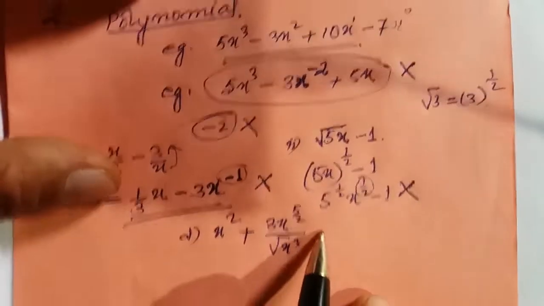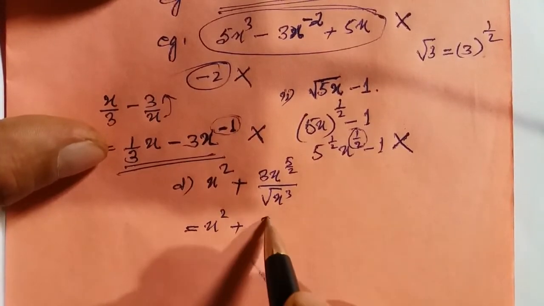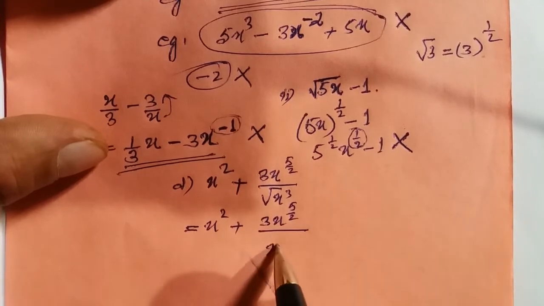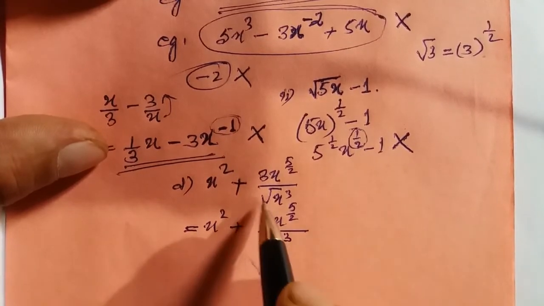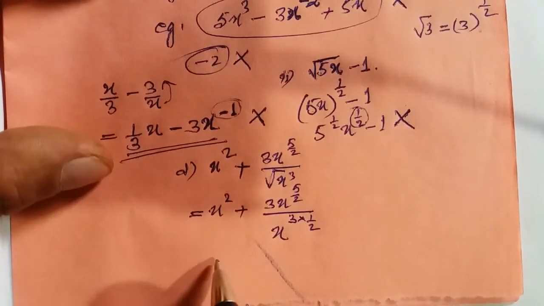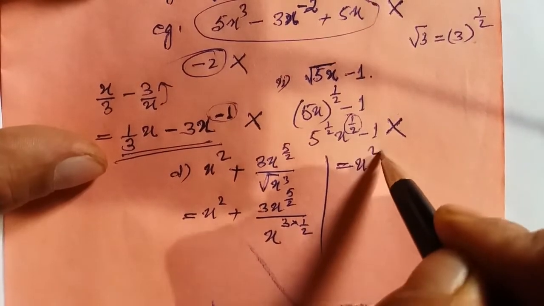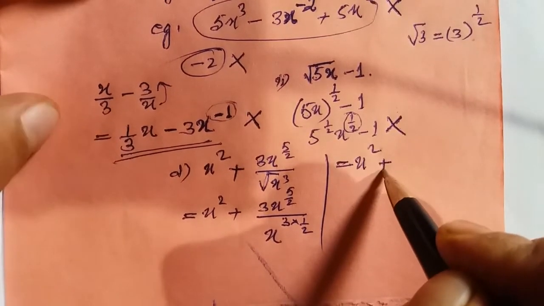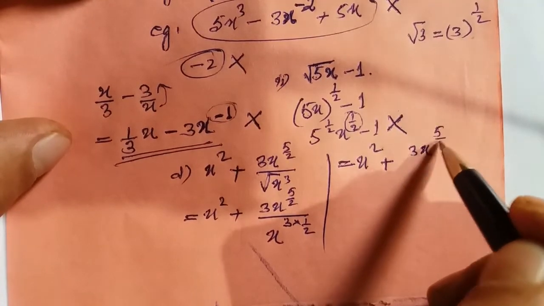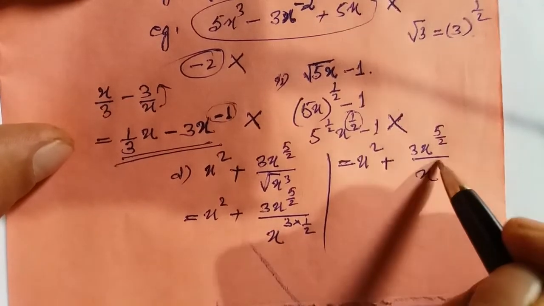So you can write this like this: x square plus 3x to the power 5 by 2 by x cube, and then we have the root sign here, so into 1 by 2. So this is equal to x square plus 3x to the power 5 by 2 by x to the power 3 by 2.